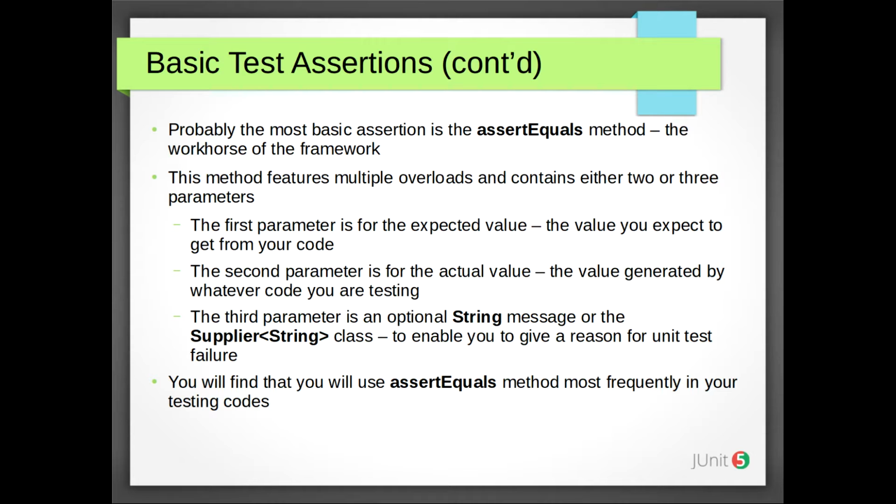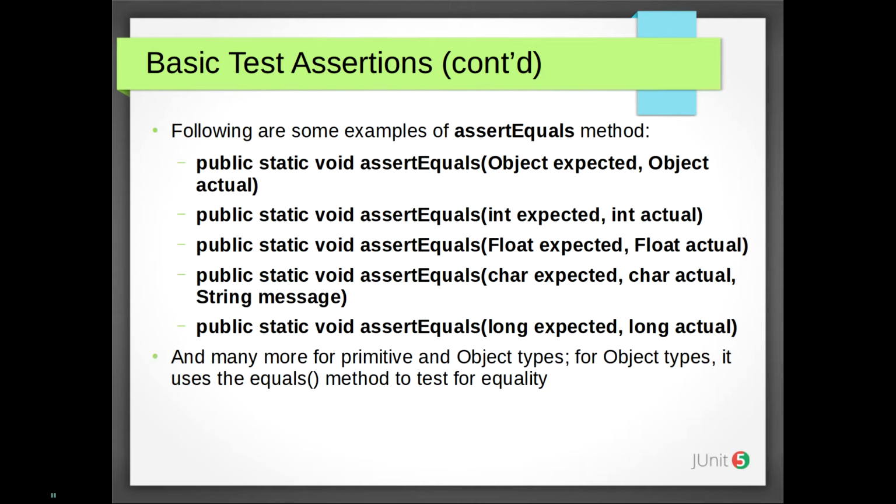You will find that you will use the assertEquals method most frequently in your testing code. It is the most versatile and applicable testing method. Following are some examples of the assertEquals method, and I'm going to make a 15-second pause after each one to let you write it down if you want. Of course, writing it down will put it more firmly into your memory than just looking at it.